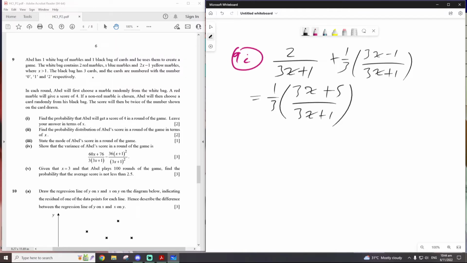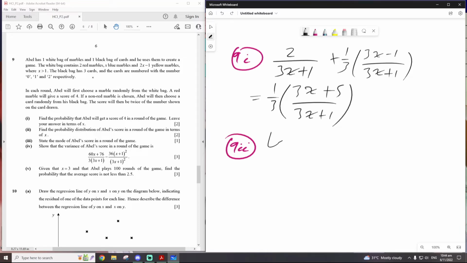Okay? Find the probability distribution of Abel's score. Okay, so this one is just tabulate the values. So this is x and the probability that X equals x, where x is the score. Actually, no, I should use s, because x is already the number of marbles.